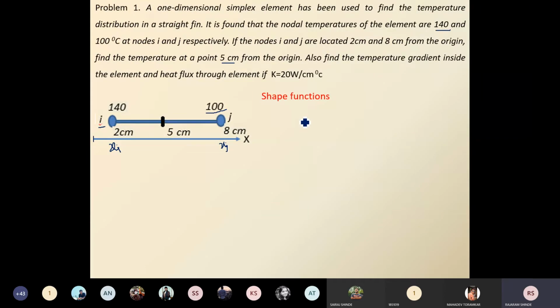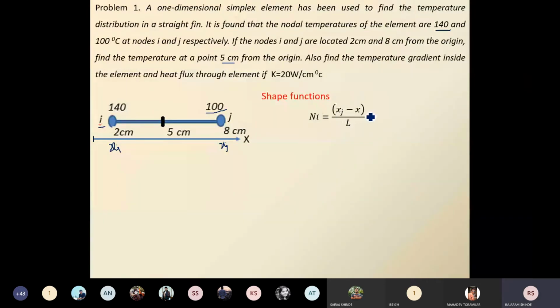Shape function Ni is (xj minus x) upon L. Now you put the values in this equation. It is very simple. You have not solved a problem simpler than this.